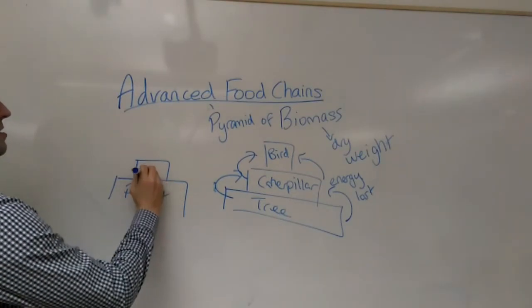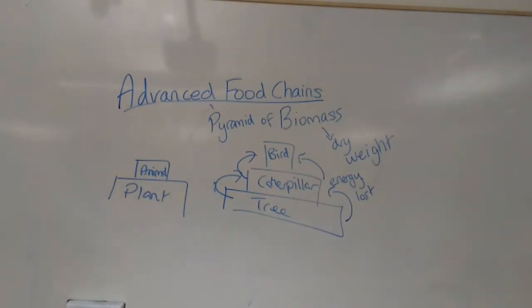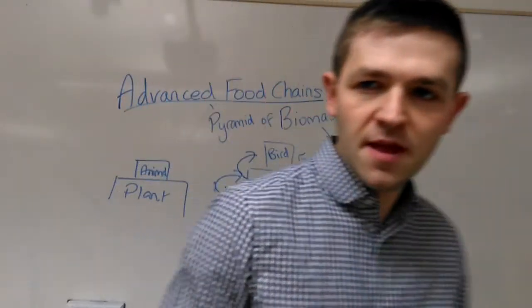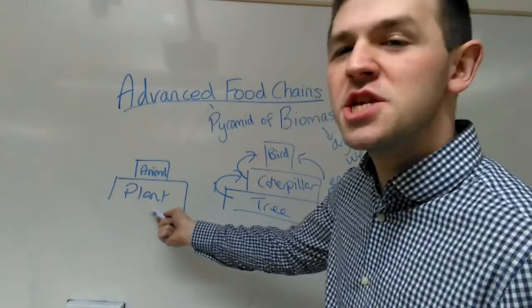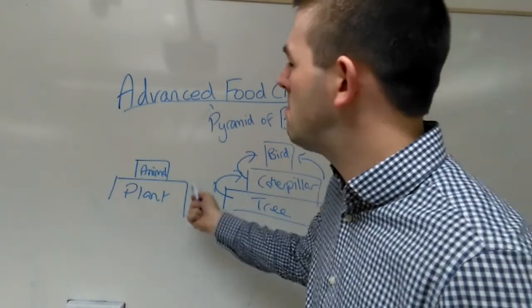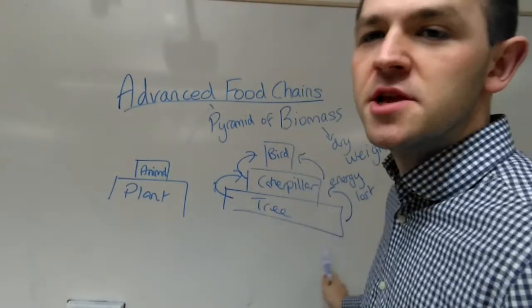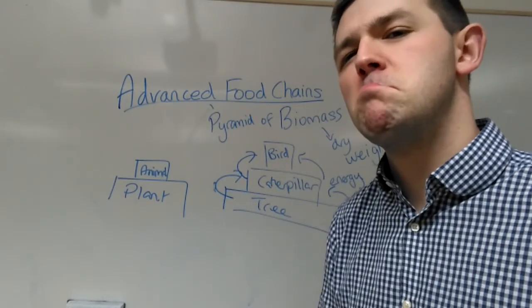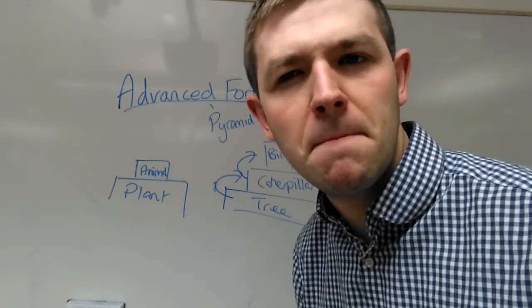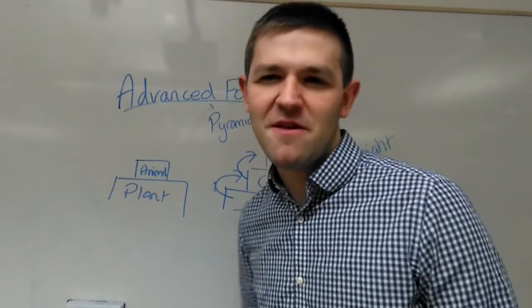Plant, eaten by animal. That is the simplest food chain. Why is this better than doing this? Why is that better for the environment? That's the question at the end. Have a go. Thank you very much.